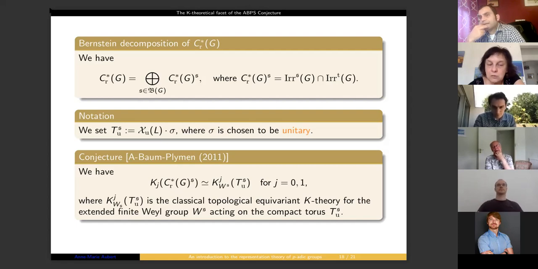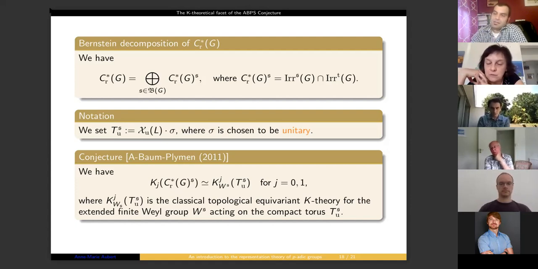Maybe there is a way to also decompose the left-hand side into pieces. And then in that case, it would be a refinement of the Baum-Connes conjecture, saying that each piece would be a kind of Baum-Connes conjecture. But for that, we need to understand how to decompose the left-hand side.